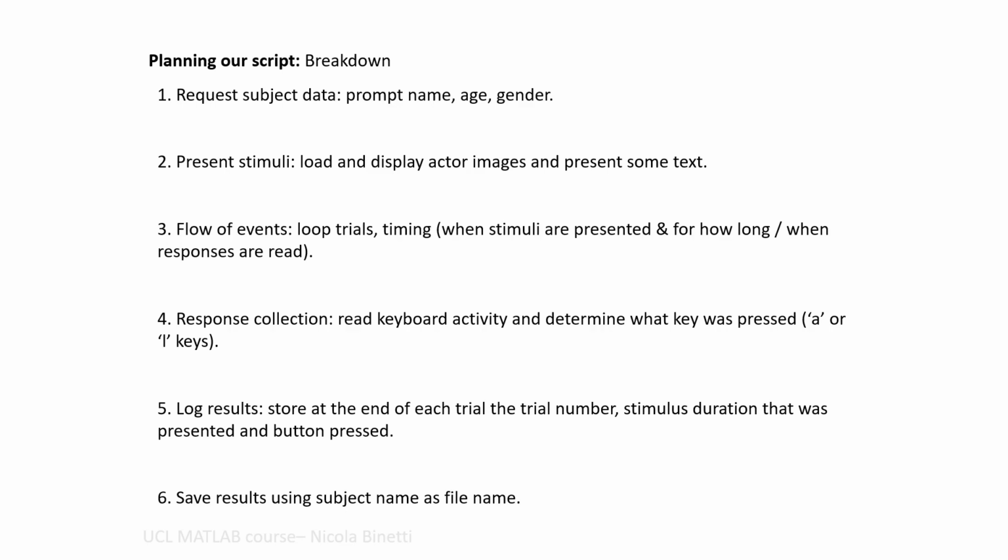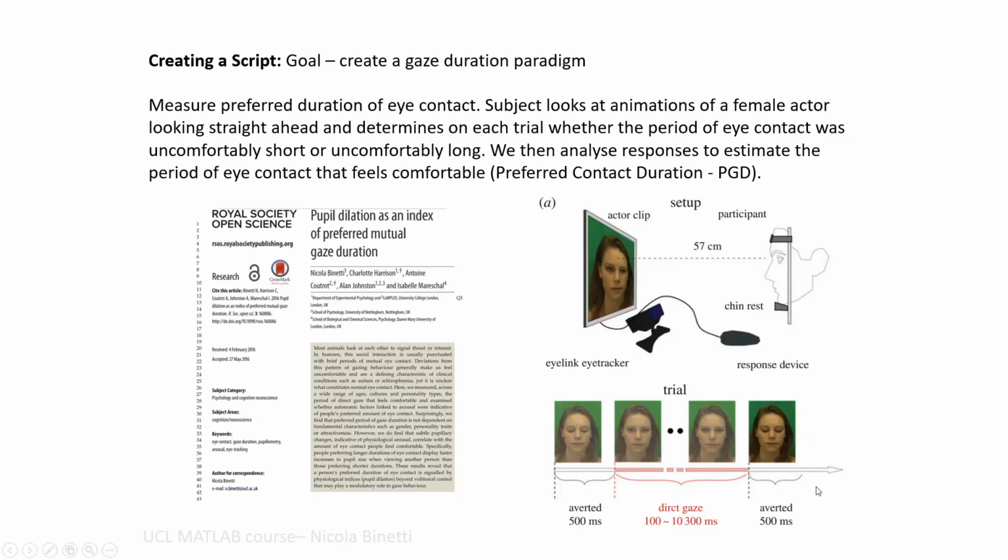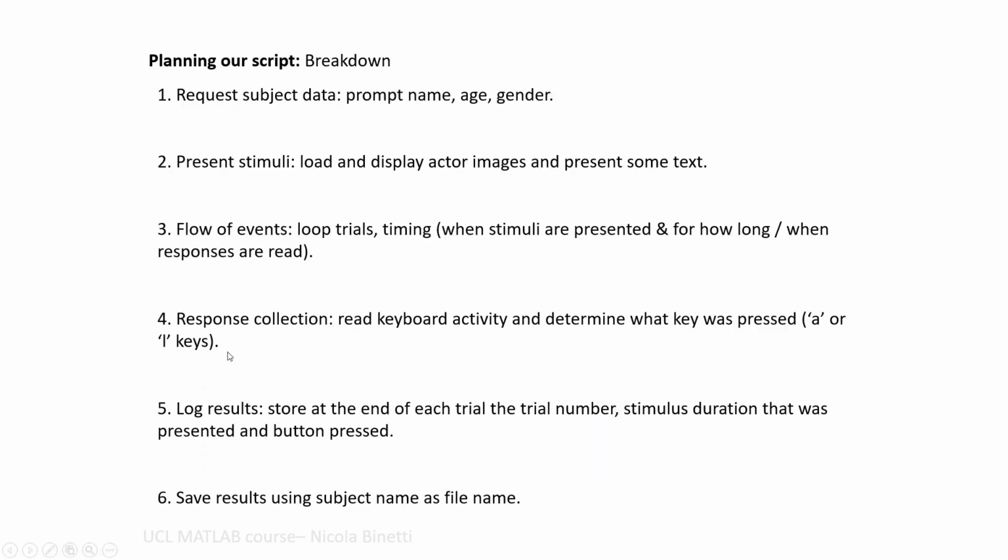So, for example, in this task, as we said, at the end of the trial, we're going to ask the participant to indicate whether this period of time that the actress looked up felt too short or too long, with respect to what feels comfortable. It's a binary type of choice, so we're going to need two key presses for that. So for example, we could say that if the participant presses A, they meant that this period was too short. If they press L, it means that this period was too long. Okay, and let's just make it so no other keys are allowed. So we have to be able to control these things.